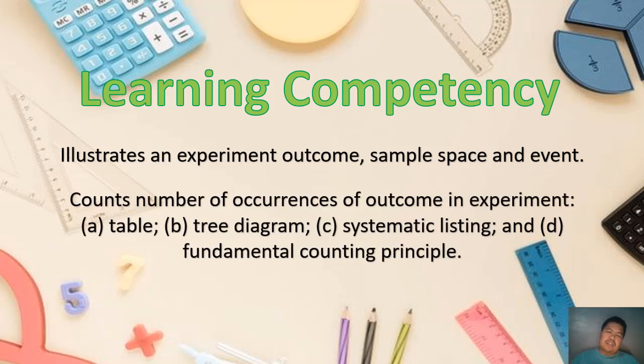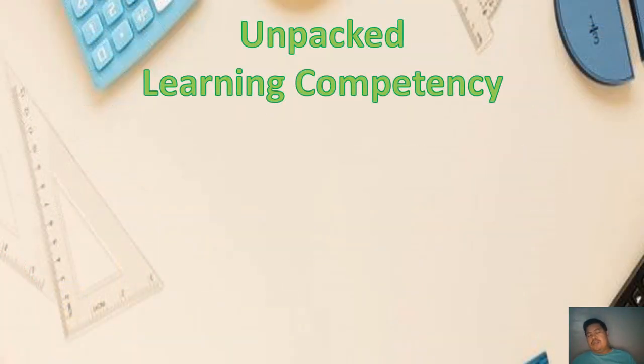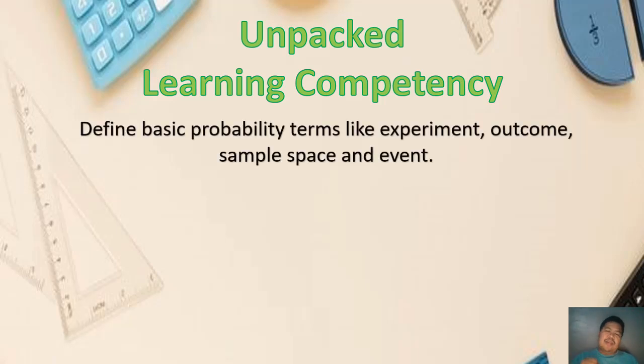And we have to count number of occurrences of outcome in experiment, especially in table, tree diagram, systematic listing, and lastly, the fundamental counting principle. So here's our unpacked learning competency. So we have to define the basic probability terms like the experiment, outcome, sample space, and the event.